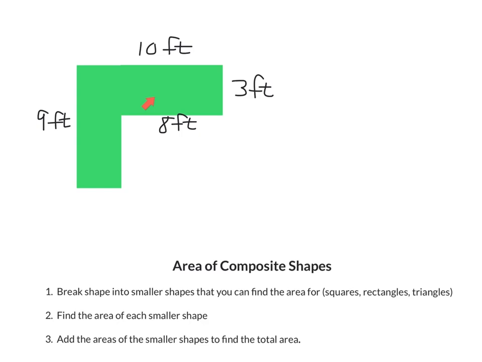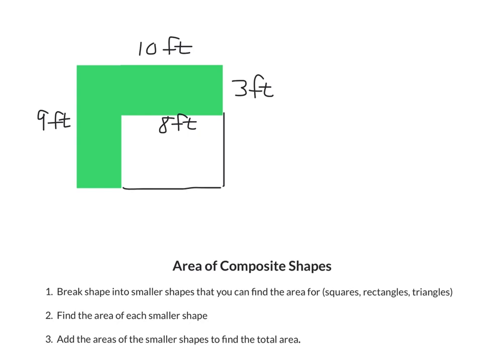There's another way that we can do this, and I tell my students this is thinking outside the box. So by thinking outside the box, instead of breaking the shape up into smaller pieces, what if I make it a full rectangle?